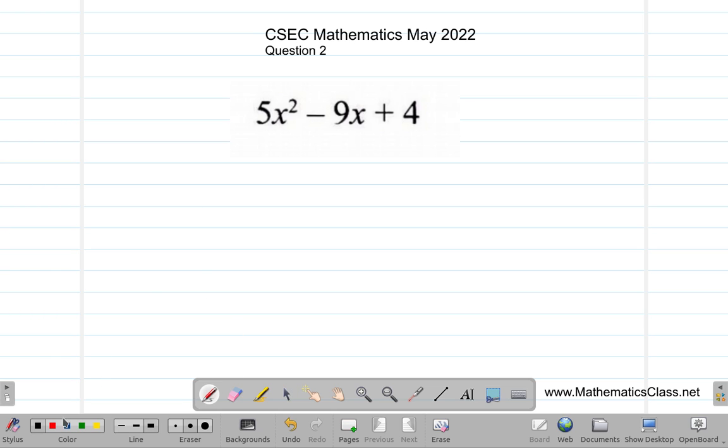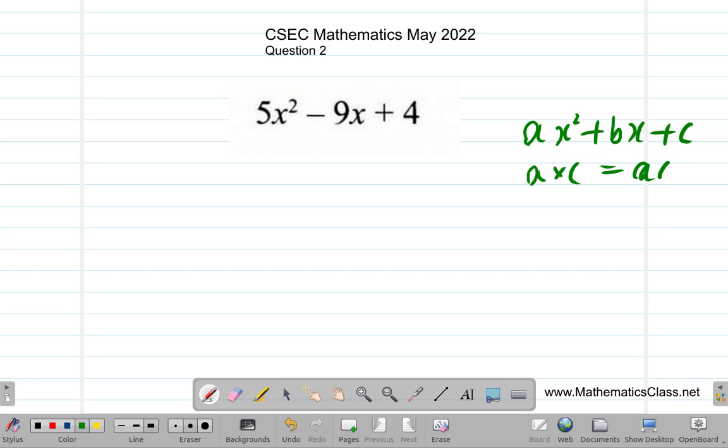Now remember, just to remind you of the AC method, the general form of a quadratic expression is ax squared plus bx plus c. When you're factorizing this, you multiply a by c.